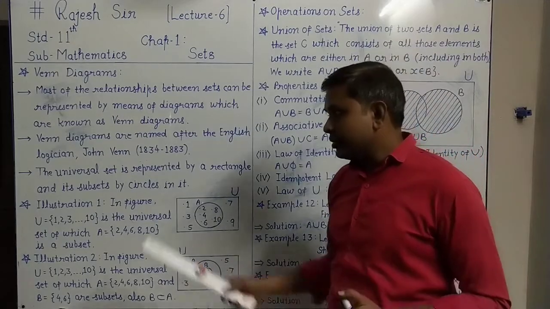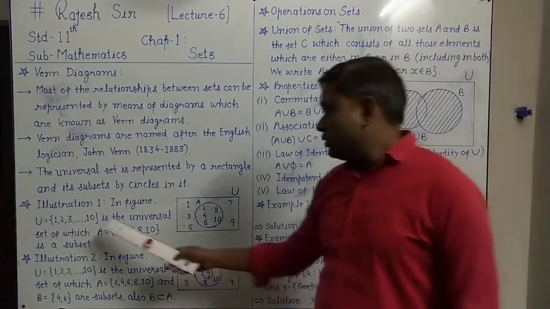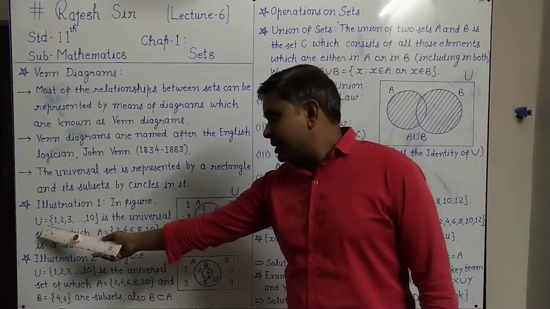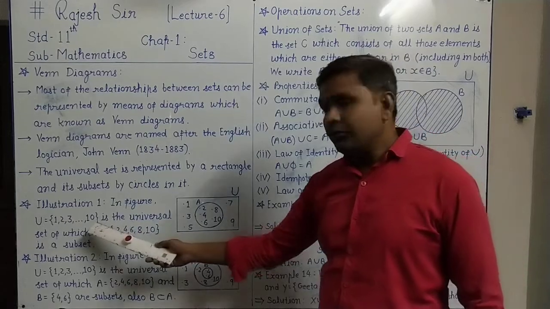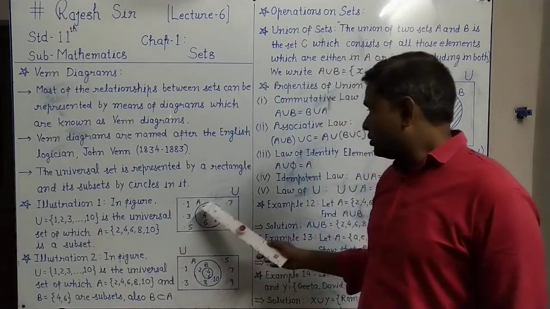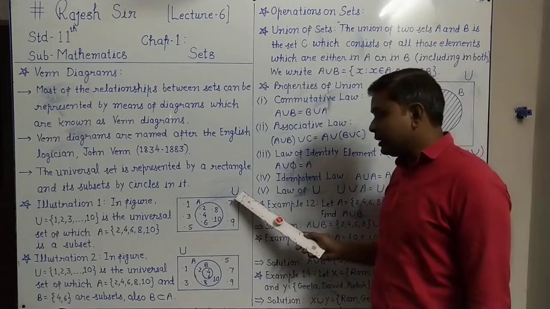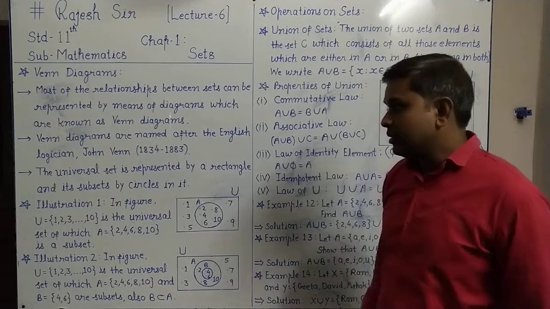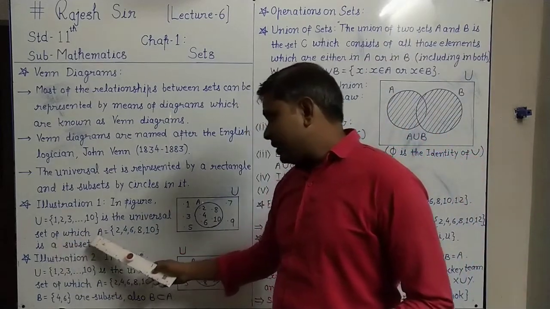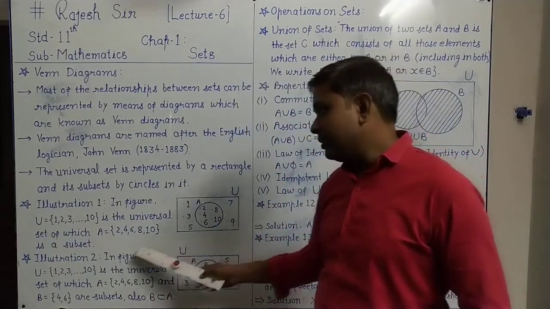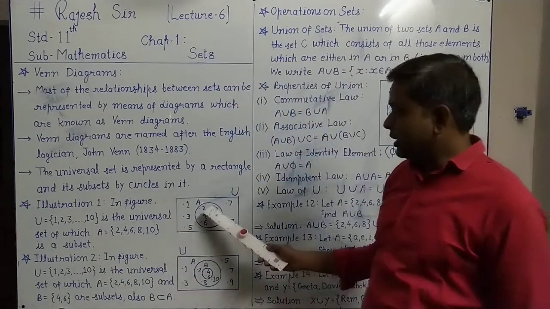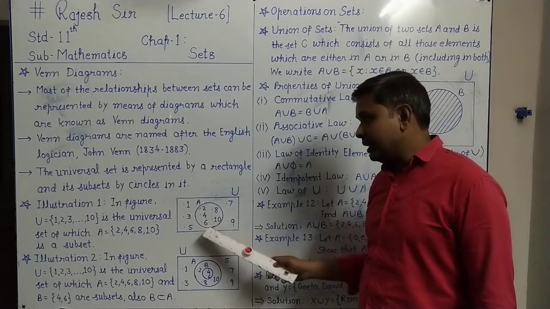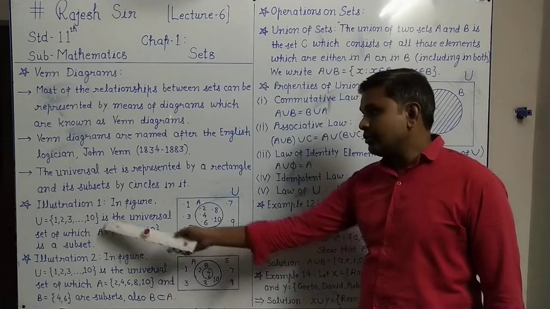Let's see some illustrations related to the Venn diagram. Illustration 1: in the figure, the universal set U equals {1, 2, 3, 4, 5, 6, 7, 8, 9, 10}. This rectangle shows the universal set U. In it all of 1 to 10 are there, and A equals {2, 4, 6, 8, 10} is a subset of it.